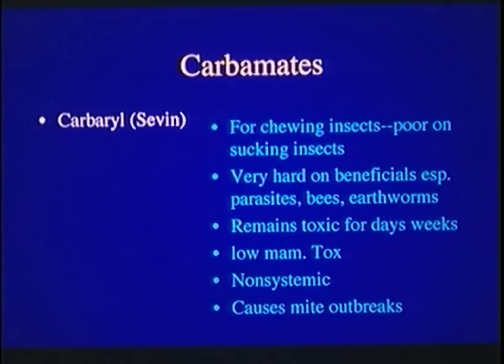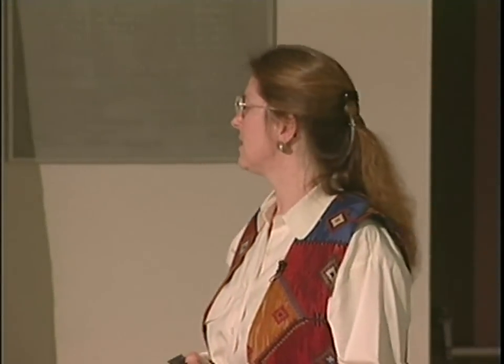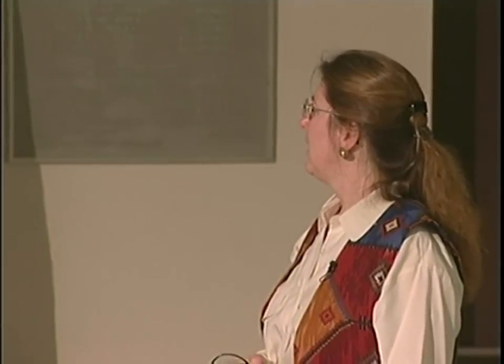Of the carbamates, really the only material that's used in the garden is Sevin, and since diazinon and Dursban are being phased out, this is probably one of the most common materials used. It has a lower mammalian toxicity. It has also been found in the water, and so some people are concerned about it, but not so regularly that it's on the out list yet.